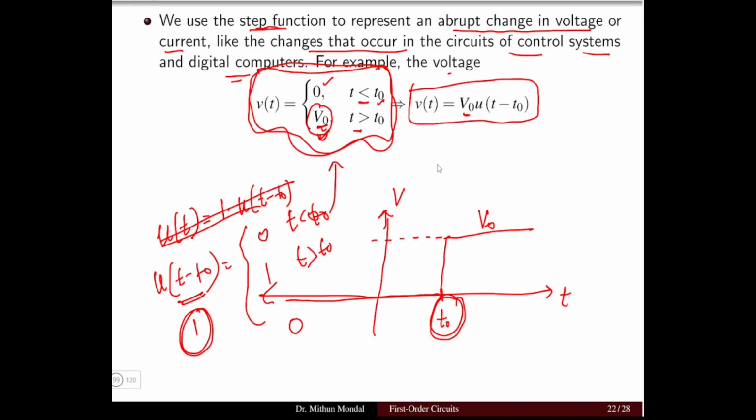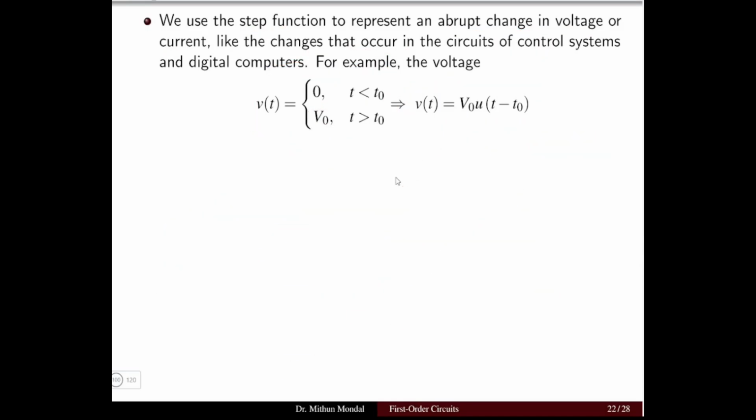So it looks very simple, where we write V of t is equal to V naught, that is the amplitude. Here you see we have converted 1 to V naught, multiplied with the step function u of t minus t naught, indicating that the switching operation has occurred at time t naught. So the step functions are very important in modeling any abrupt change in the voltage or the current.